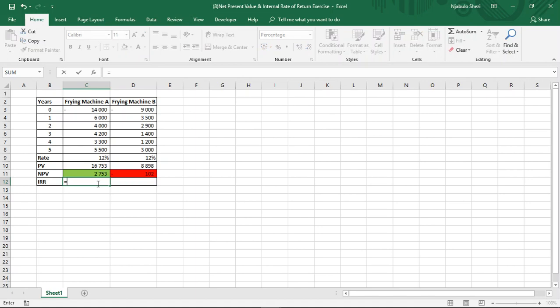Equals. Oh, before we calculate it, guys, let me just give a brief explanation of what it is and how it can be useful. Most of your medium to big businesses use the internal rate of return when they are faced with investment opportunities.